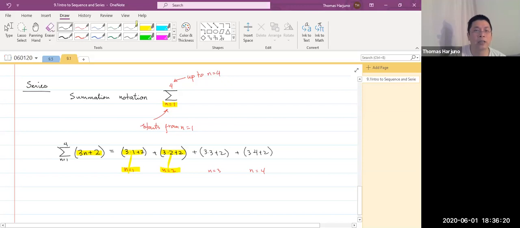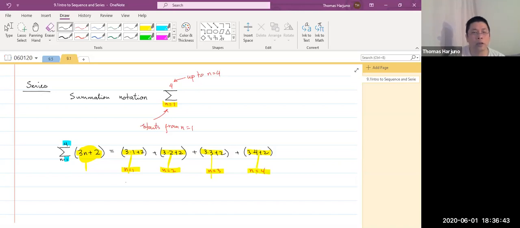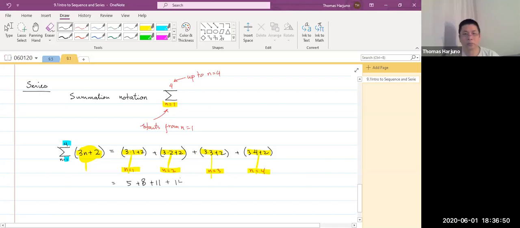So I apply the same pattern 3n plus 2, but the n is moving from 1 up to 4. Then computing it, that will be 5 plus 8 plus 11 plus 14. That's 38.